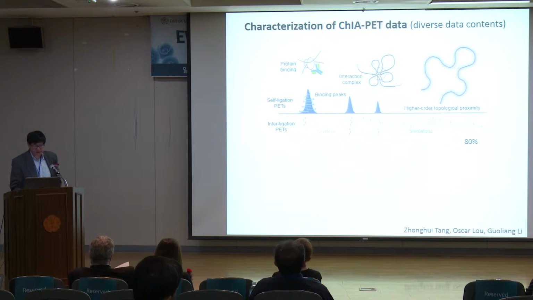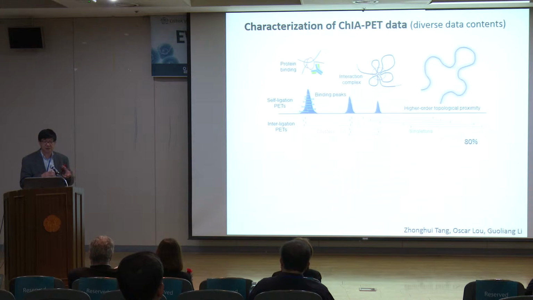In terms of the ChIA-PET method specifically, it not only generates the ligation information, but at the same time also captures specific protein binding information, because we use a specific antibody to pull down a particular protein factor. In this way, the approach becomes more specific, and the information derived from the sequencing can carry functional meaning.